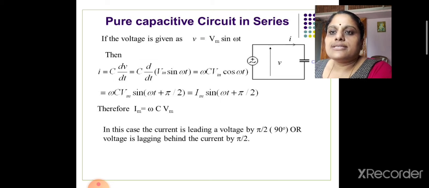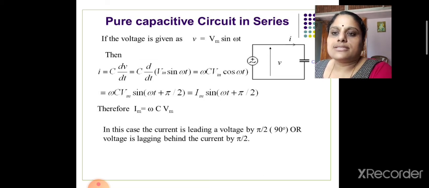Substituting for V as Vm sin omega t, we get I equals C into d by dt of Vm sin omega t, which is equal to C omega Vm cos omega t. Cos omega t is written in the form of sin of omega t plus pi by 2, so I equals Im sin of omega t plus pi by 2, where Im equals C omega Vm.